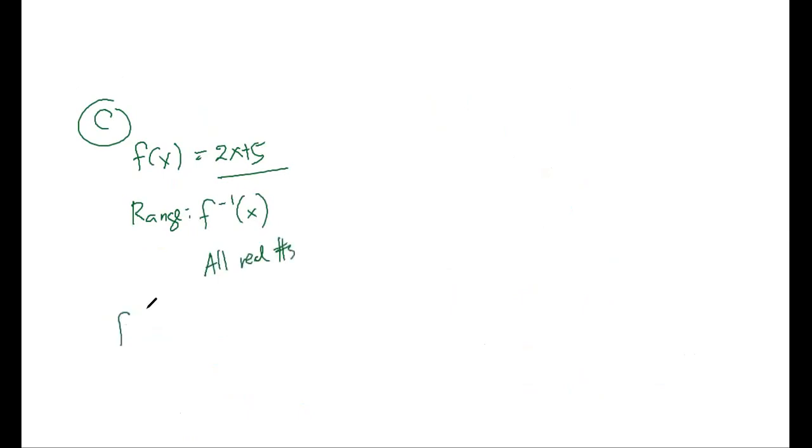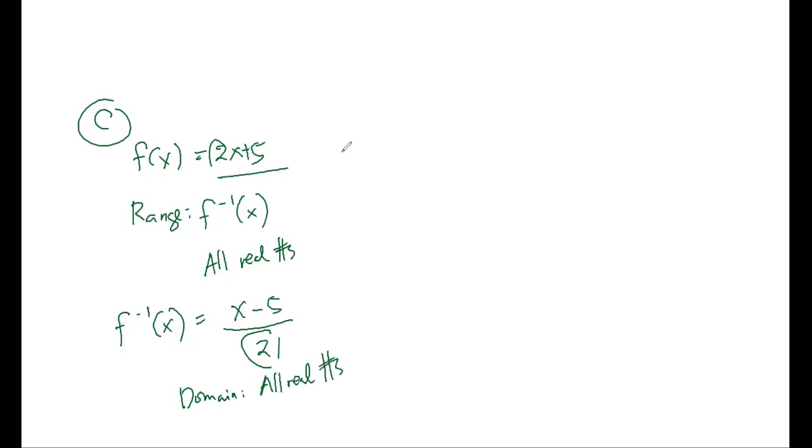For the inverse function, the inverse of this will be, let me have a shortcut, x minus 5. This is 2x, so that's divided by 2. There's no restriction, so we say that our domain will be the set of real numbers.